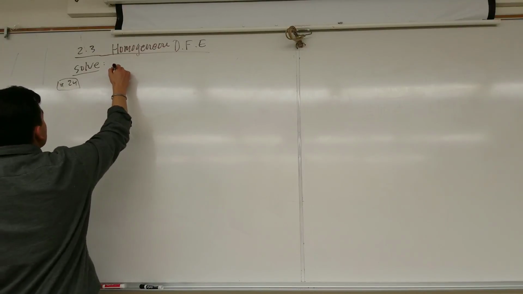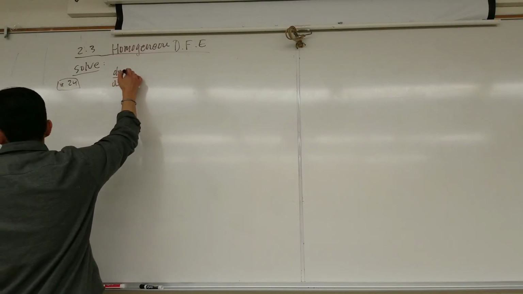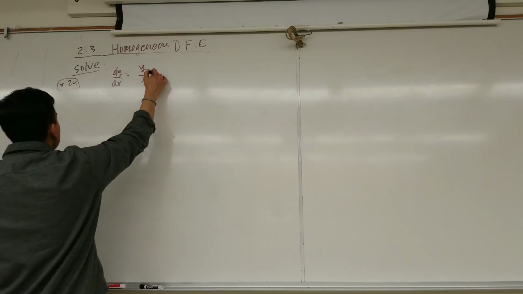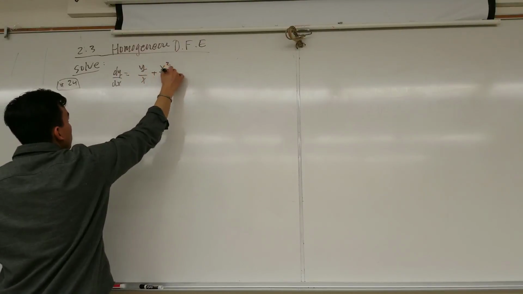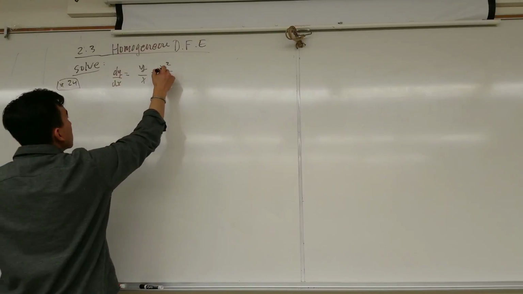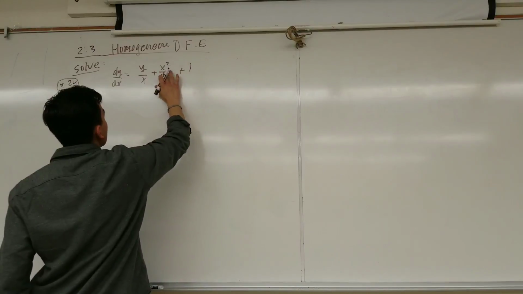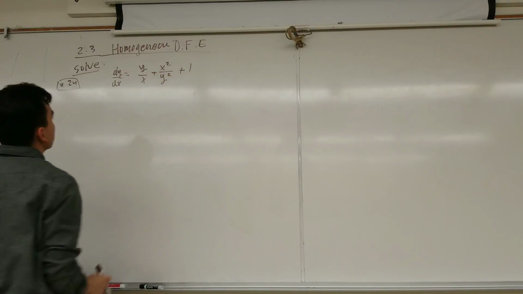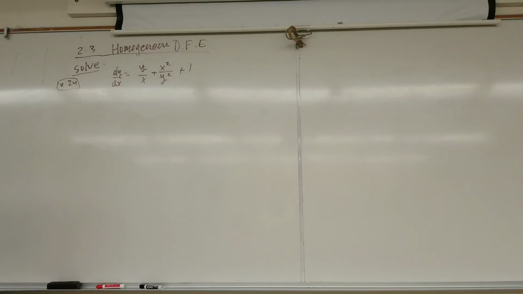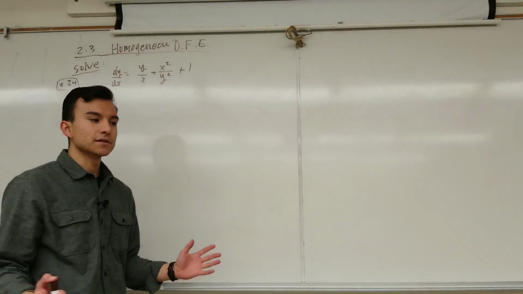dy over dx, y squared plus 1. Okay, so if you're wondering, is this homogeneous?